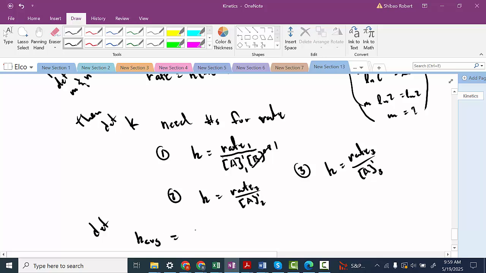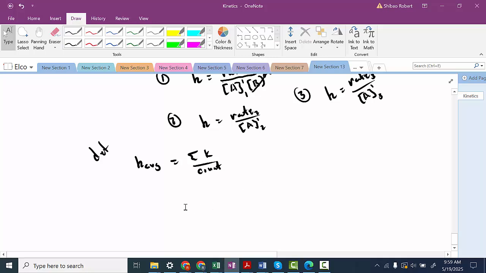So K average is just equal to the sum of the Ks over the count, how many you have. And so once we do that, then we have the complete rate law. The complete rate law would be that the rate is equal to K average, A to the first.